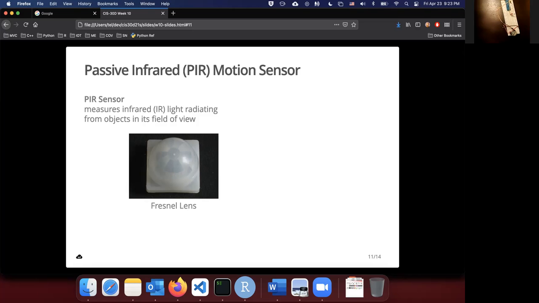The Fresnel lens is the type of lens that's used in lighthouses. The idea is that it uses more material, and it is able to condense the light from a wide angle into a focal point.